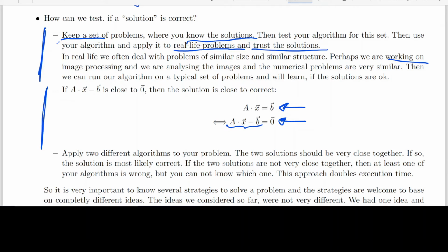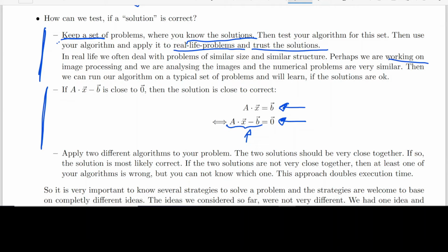It's not so easy to write professional code to test that, because sometimes we're in the situation where the entries of x are between 1 million and 1 billion, and then testing that, deviations of 1 are not so much.